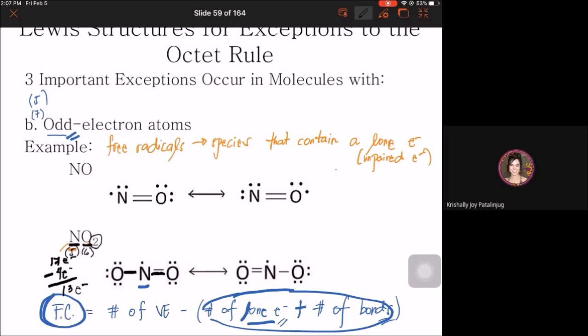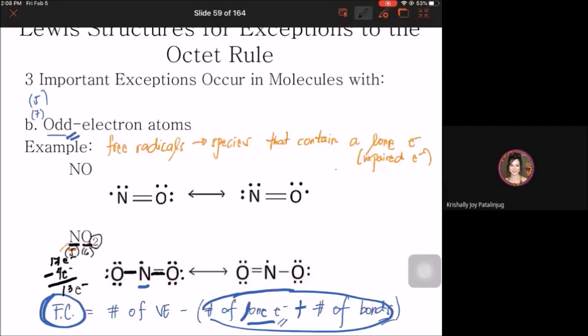So, ito, na-distribute na yung 13. 6 for this oxygen. Then, sa kabilang oxygen dayon. Kay, di ba, una tayo mag-distribute sa surrounding. Okay, surrounding atom muna. Okay, then 1, 2, 3, 4, 5, 6. So, 12, then 13. So, na-distribute yung 13.